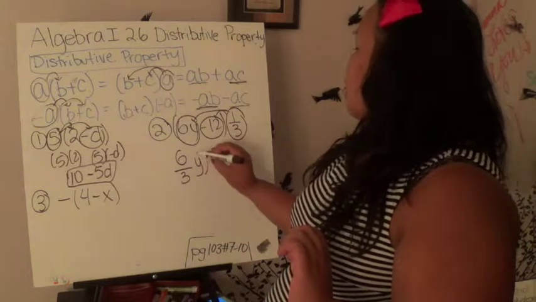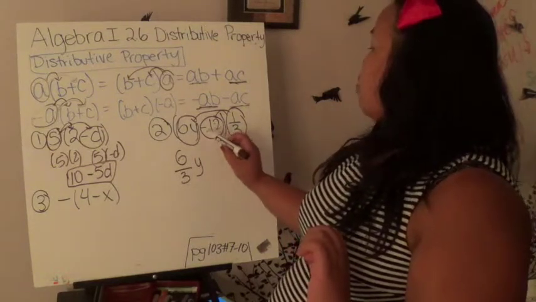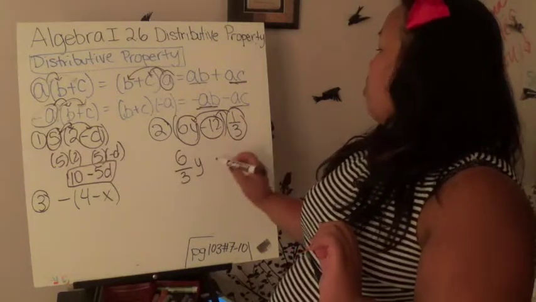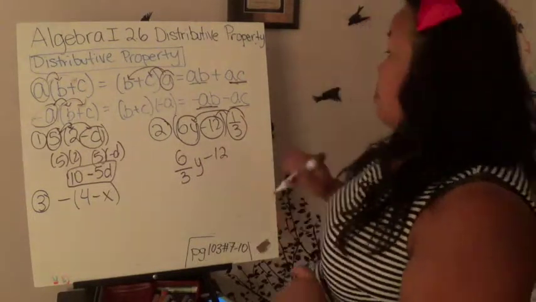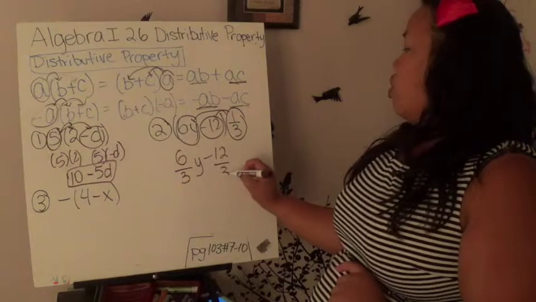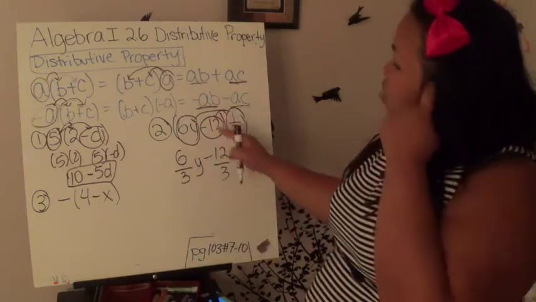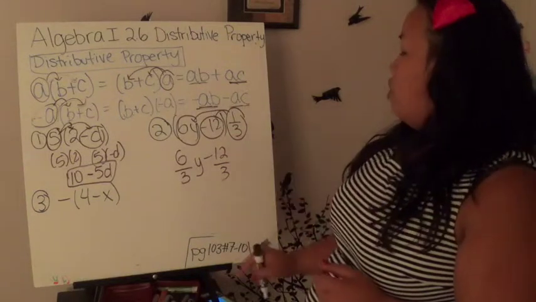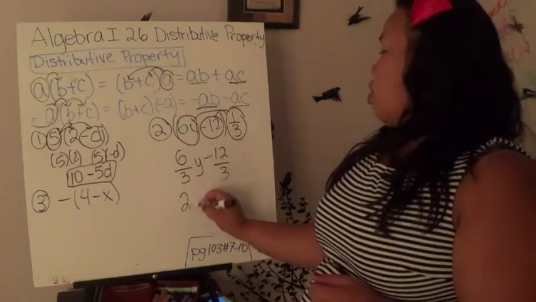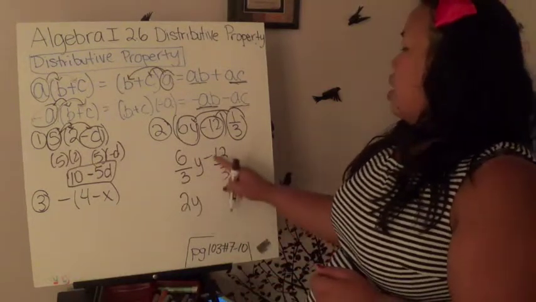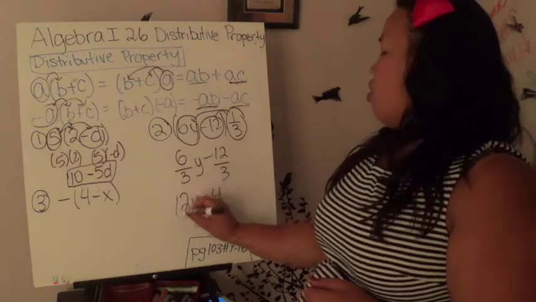So negative 12 times 1, times the top 1, gives me negative 12 on top. 12 times positive 1 is 1 over 3. Okay? So again, I distribute it, got 6 over 3, distribute it with the whole thing, I got negative 12 over 3. Okay? Then 6 over 3 gives me 2y. Okay? And negative 12 over 3 gives me a negative 4.